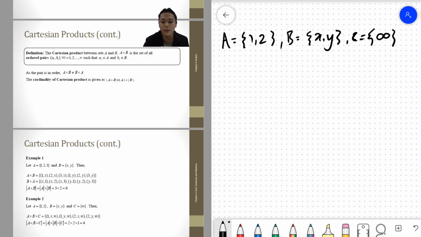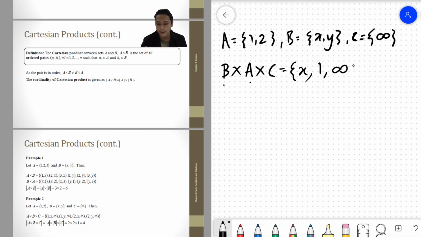Can you do B times A times C? Please ensure that your ordered triplets start with an element from B first. Let's take X. The second element should come from A, and the last one should come from C. We have finished the first ordered triplet.